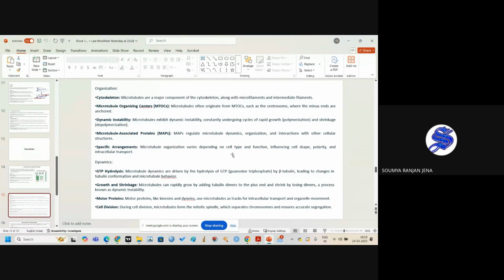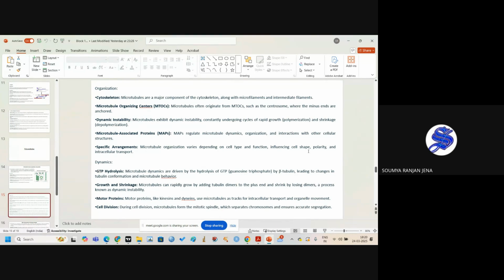Microtubule associated proteins, or MAPs, regulate microtubule dynamics, like polymerization and depolymerization, and organization and interaction with other cellular structures. Microtubule organization varies depending on cell type and function, influencing cell shape, polarity, and intracellular transport.